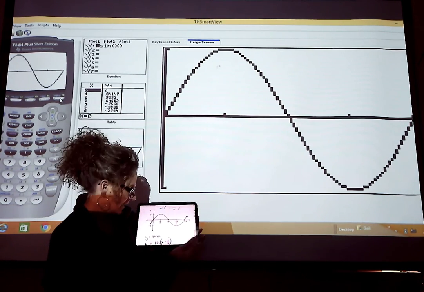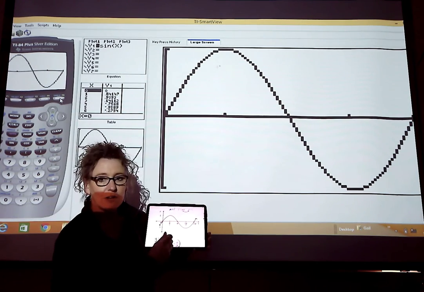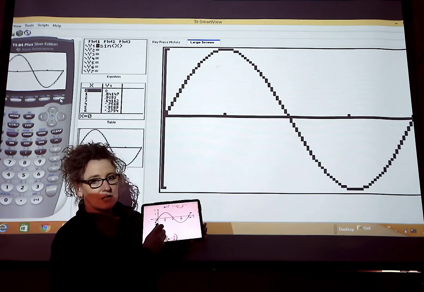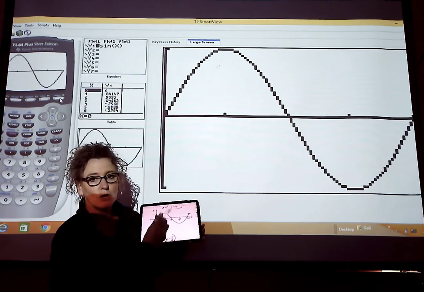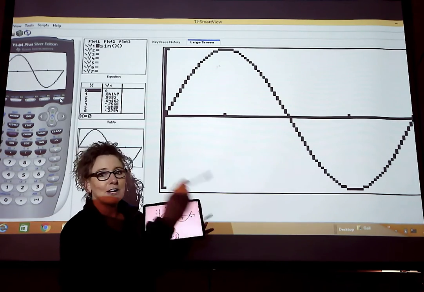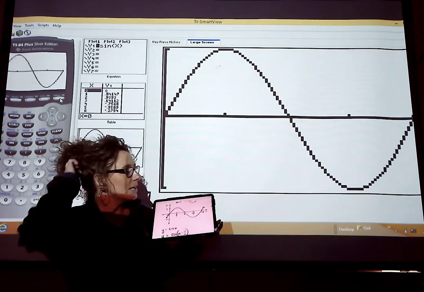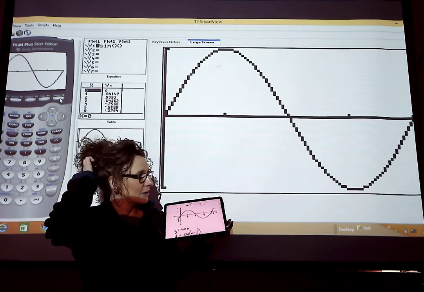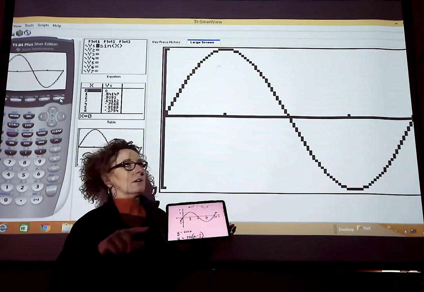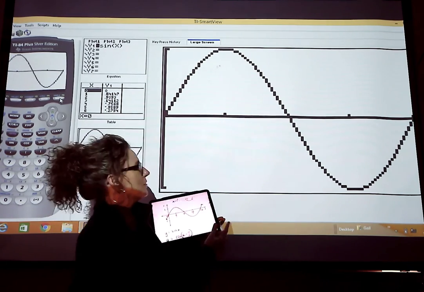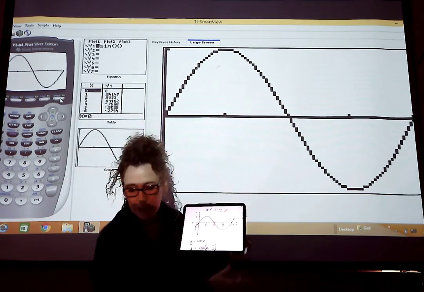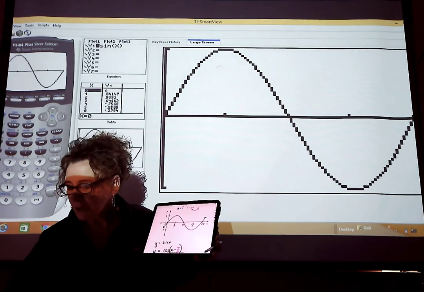I wonder if the other equation that we wrote, the cosine equation, will look like this. Now, here's what's cool. If you've got a graphing calculator that graphs in color, they are awesome. Let's put them both there.